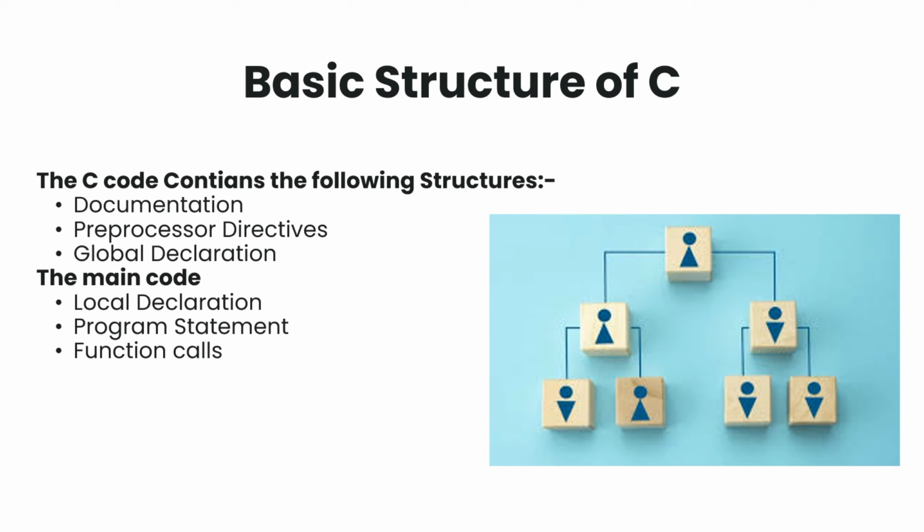Then the main function, the program execution starts here. Then the function definition is a user-defined function where the user defines the functions. This structure makes the program modular, readable, and reusable, which is essential in embedded applications. Now, let us see variables in C.